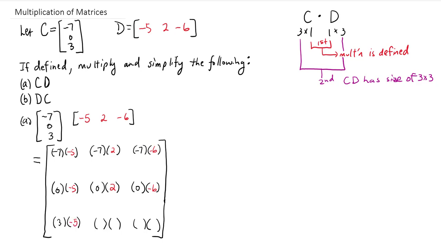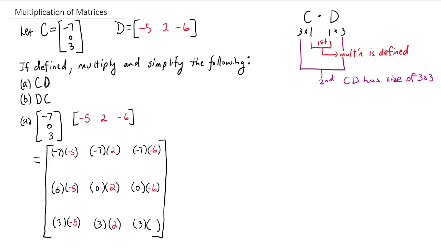What about the 3-2 position? Then we need the third row in matrix C and the second column in matrix D. And so the second column in matrix D has a 2. We know by now the third row in matrix C has a 3. How about the third column in matrix D?